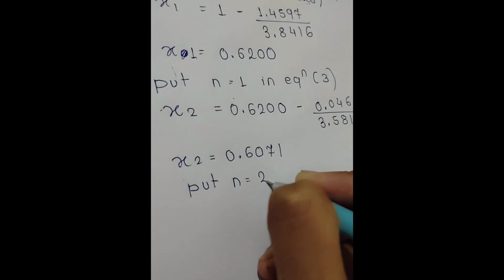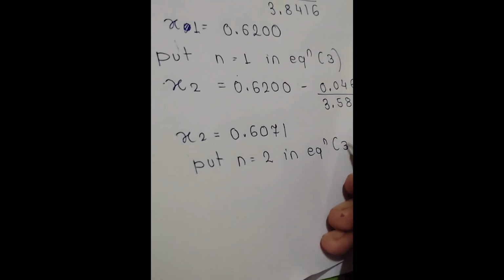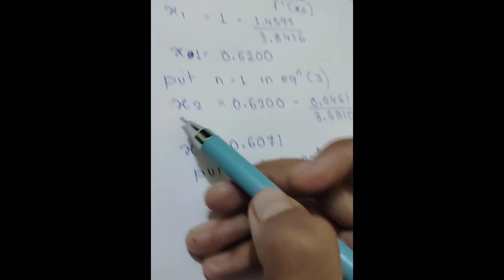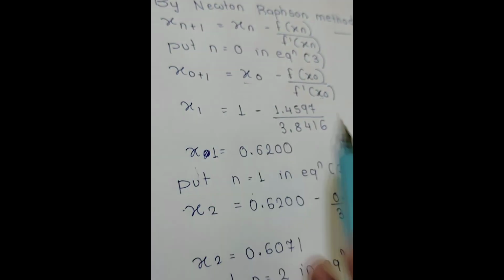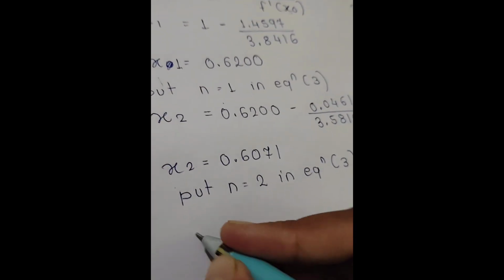Then we have to put n = 2 in equation 3. So we put the value of n, which is 2, so 2 + 1 will be 3.